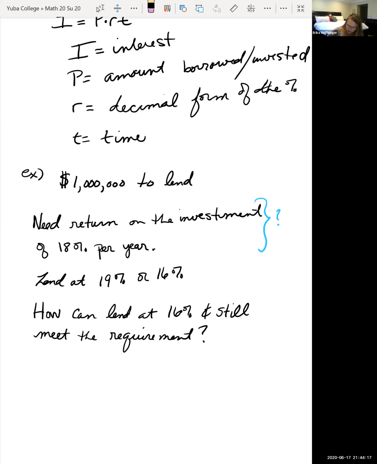We just need to figure out, and sometimes it's terminology and trying to figure out what they're asking, but she needs a return. A return on what? Is it on the amount that she has to lend? Well, let's figure out then what does that mean? 18%. So 18% of 1 million.